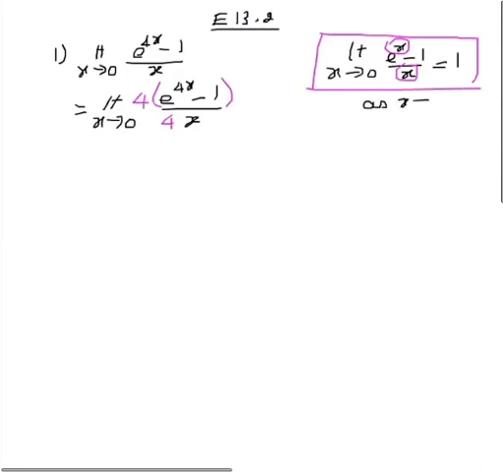As x tends to 0, 4x also tends to 0. 4 times limit x tending to 0 of e raised to 4x minus 1 divided by 4x. By that limit formula, it becomes 1. Therefore, the answer is 4.